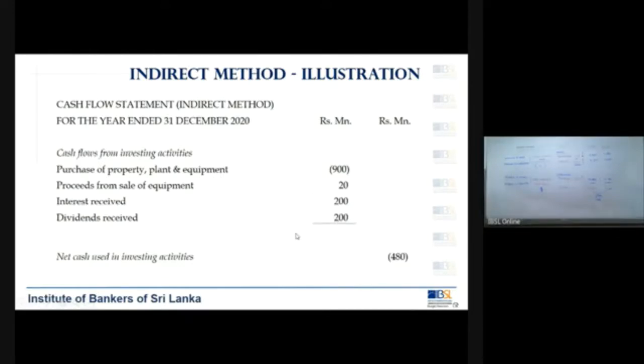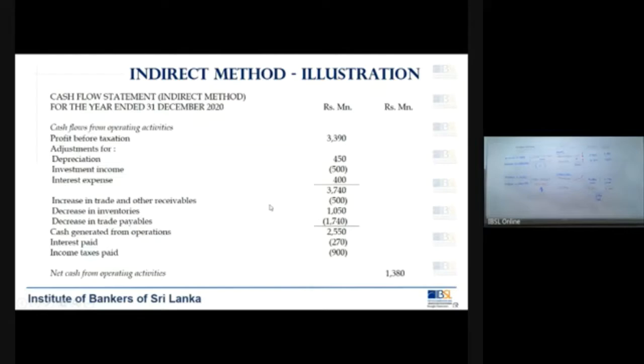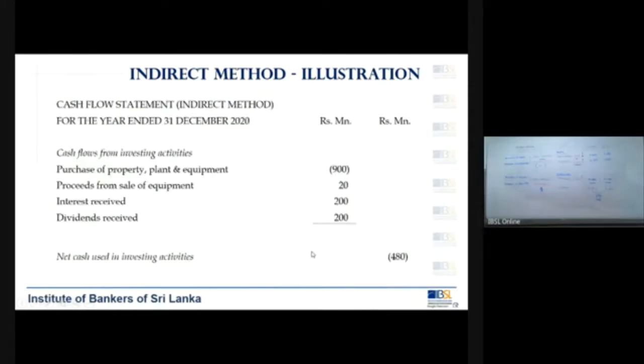So you will see the first part of this gives you the cash flows from operating activities. You get the net cash flow from operating activities. Then you get the cash flows from investing activities, where you have a negative.